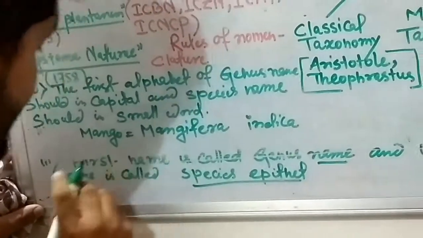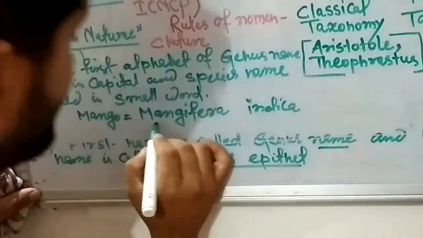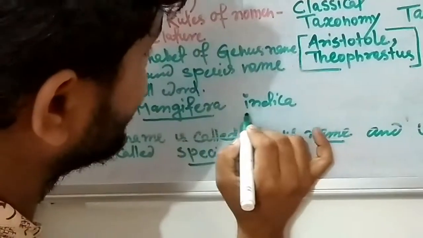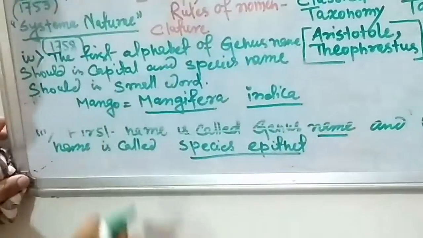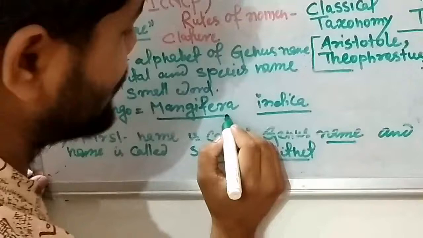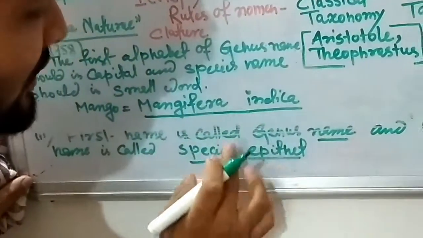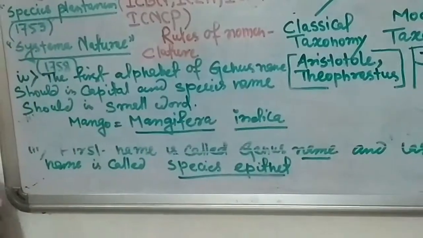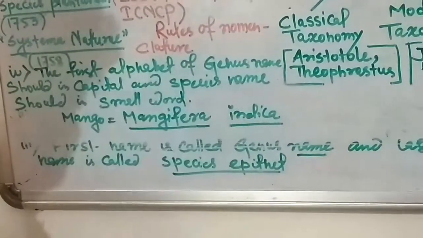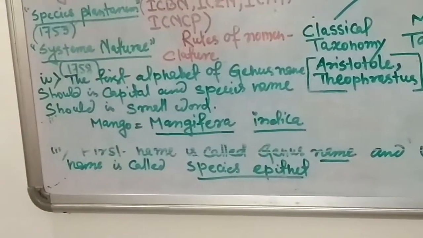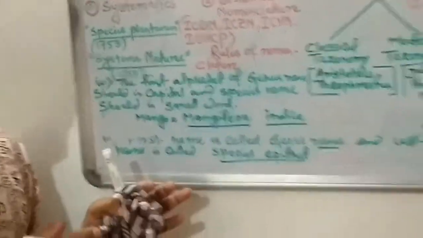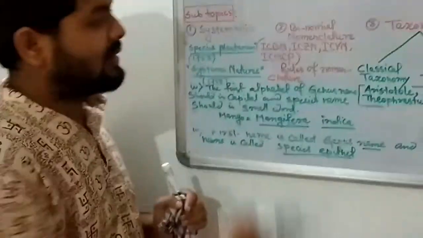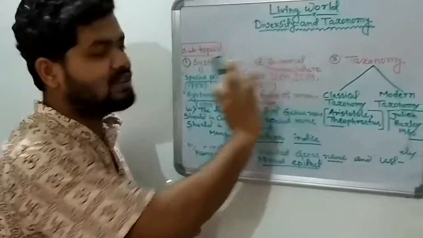According to the rules, the genus name and the species epithet should be underlined separately. It should not be continued like this; it has to be separated. So these are the rules for binomial nomenclature, which were given or reviewed by these international communities.